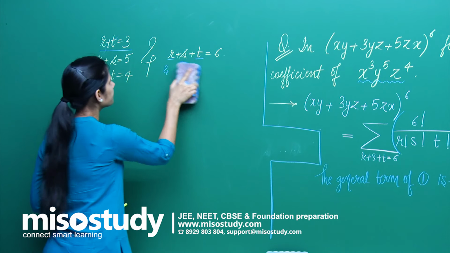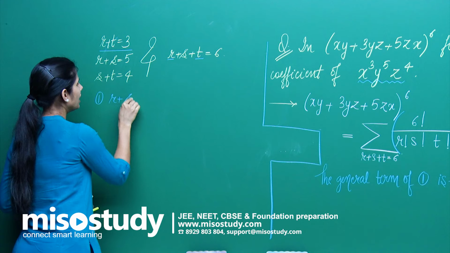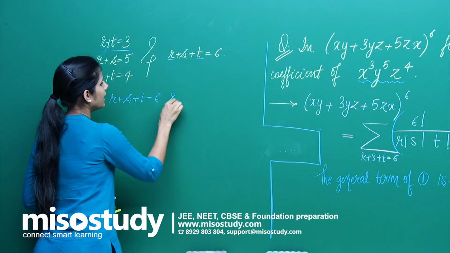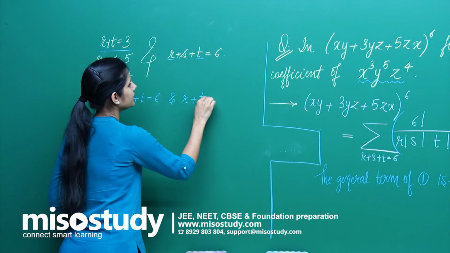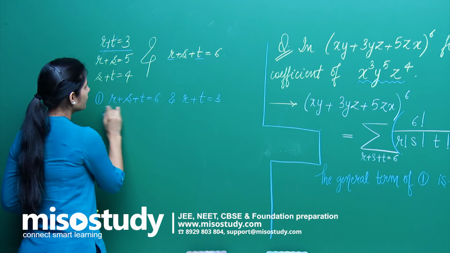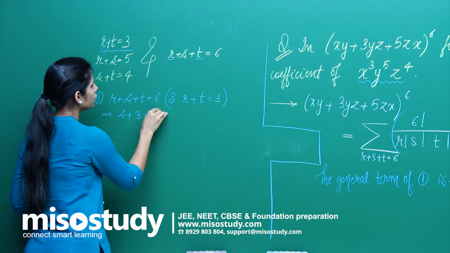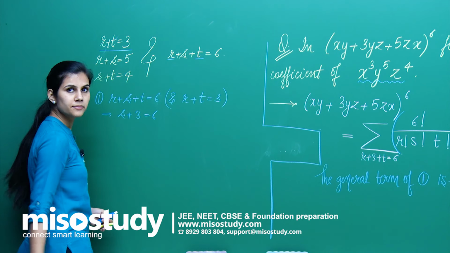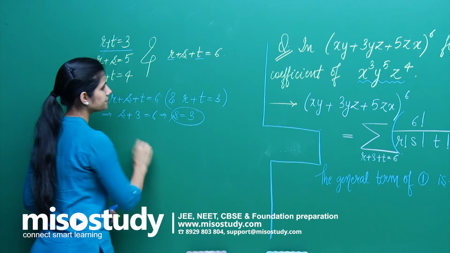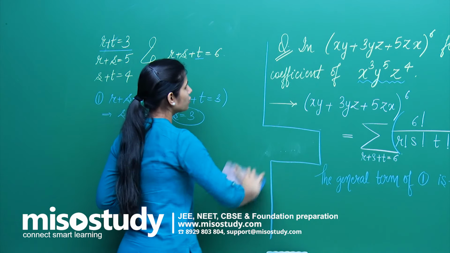Let me compute one by one. You have r plus s plus t is 6, and if r plus t is 3, this equation becomes s plus 3 equals 6, which implies s is equal to 3. Are you understanding? s is equal to 3.